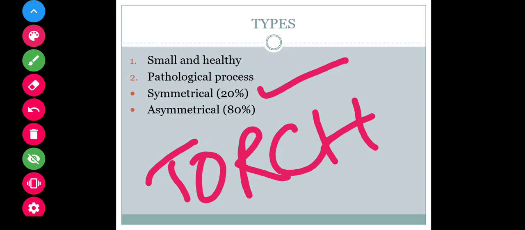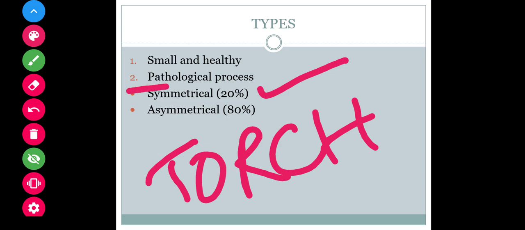So the pathological process started at the early phase, due to chromosomal abnormalities or congenital infection.